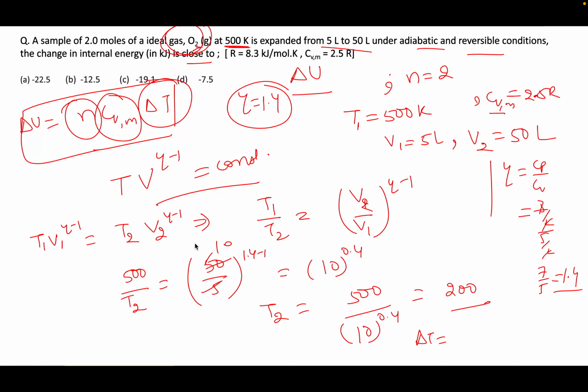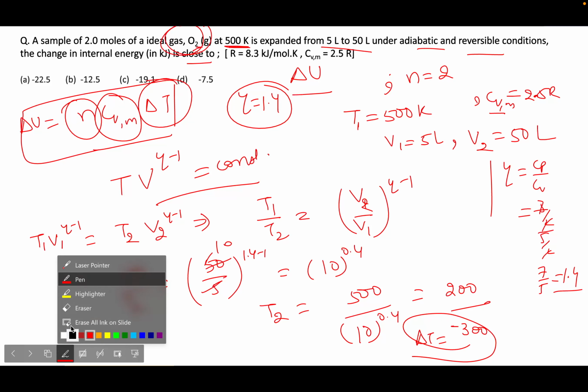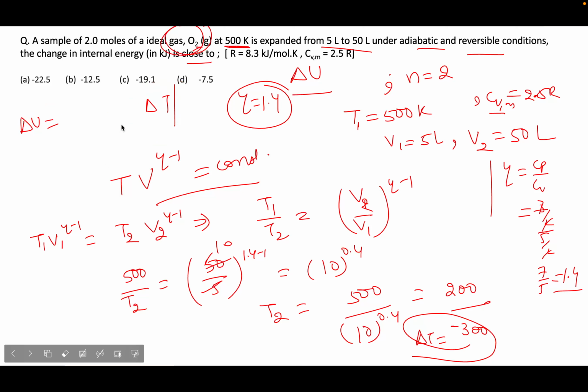Delta T is minus 300. So delta T is minus 300, because, okay, let me erase some part and solve this. So we get T2 is 200 and T1 is 500.